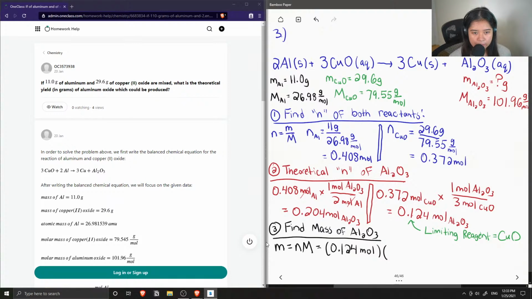And I also have the molar mass of aluminum oxide, which is 101.96 grams per mole. So that's why when it comes to these kinds of questions, I like to write down what is given. It just makes it easier to do all the calculations in the end. And now when we multiply this out, you should end up with around 12.64 grams.